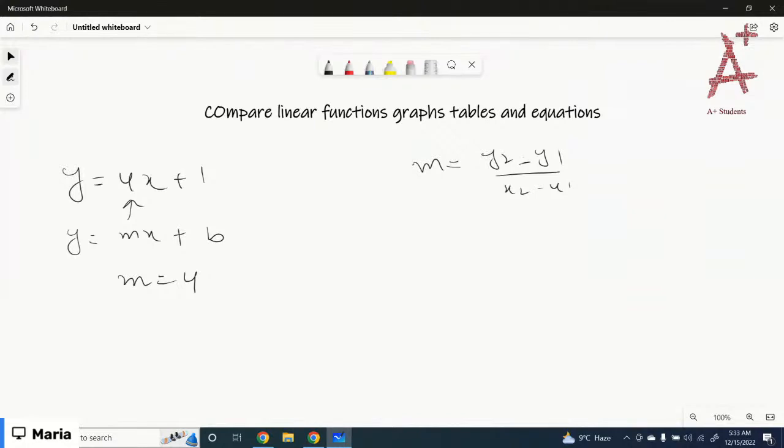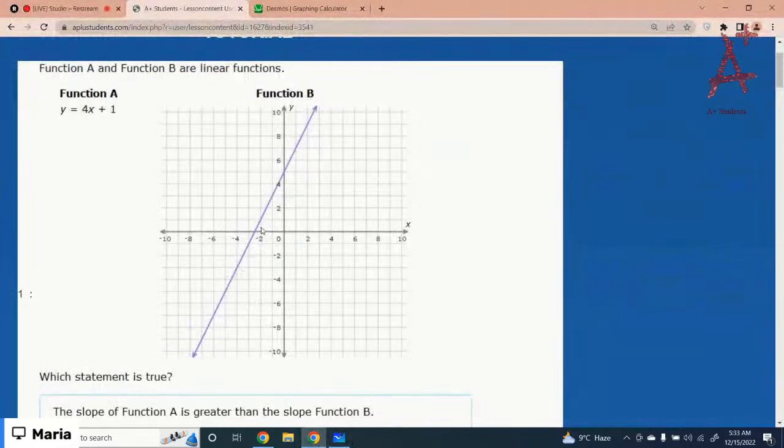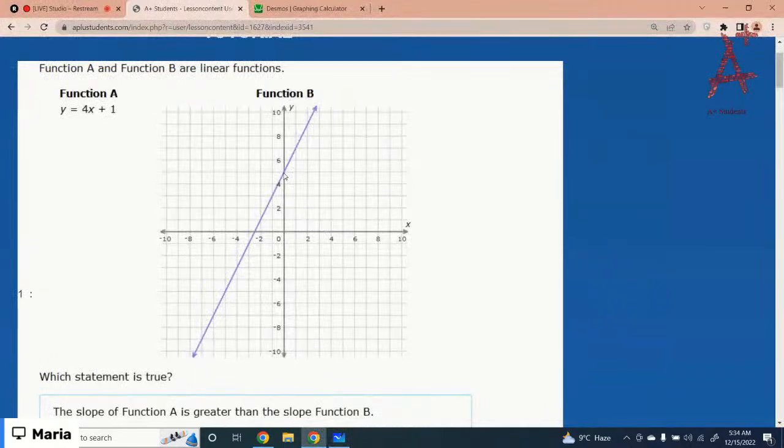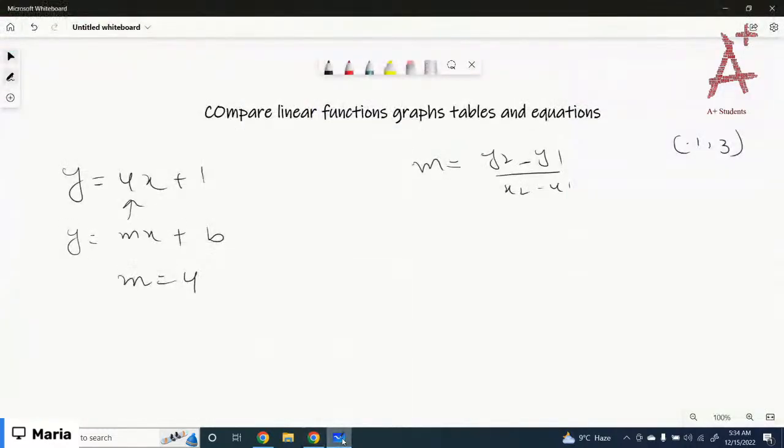The first point is x is -1, y is 3. The second point is when x is 0, y is 5.